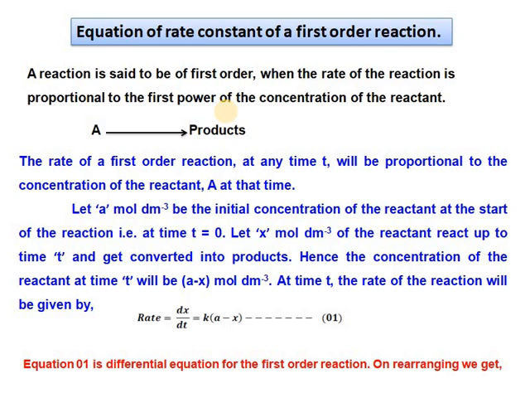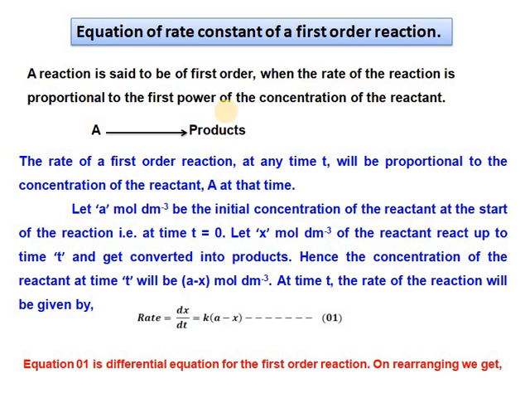Now, let small a mole per dm cube be the initial concentration of the reactant at the start of the reaction, that is at time t equal to 0, and x mole per dm cube of the reactant reacts at time t and is converted into products. Therefore, the concentration of the reactant at time t will be a minus x mole per dm cube.